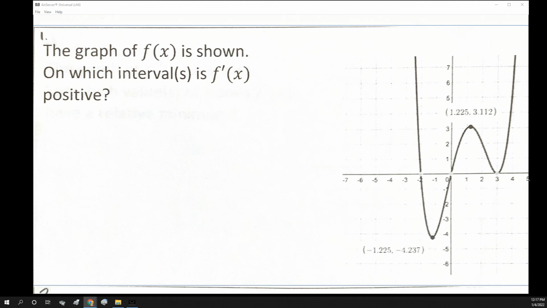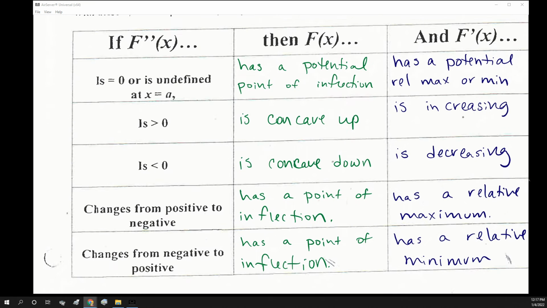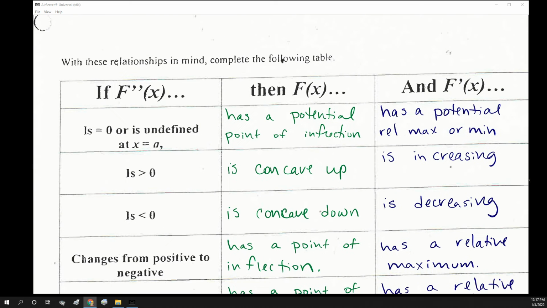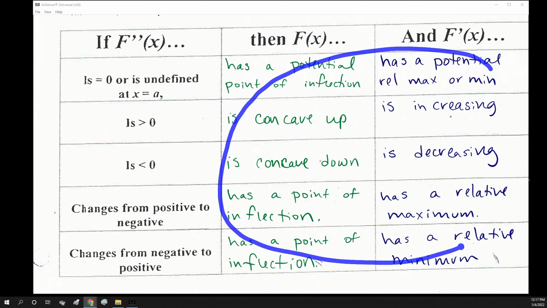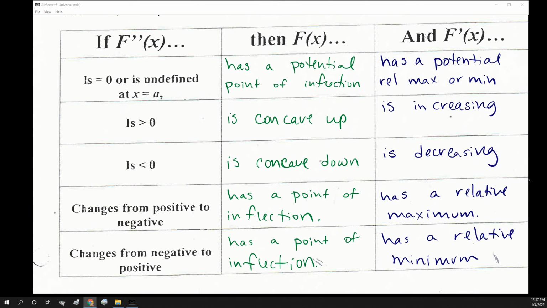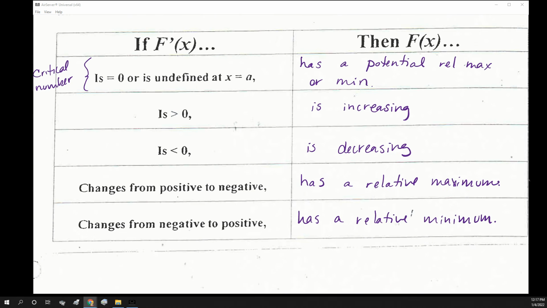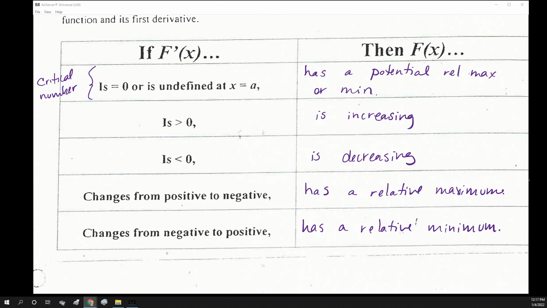All right, so this is f of x, and we want to know on which intervals f prime of x is positive. So we're looking at the relationship between f of x and f prime of x. For what we're looking for here, we want to go to that top table.